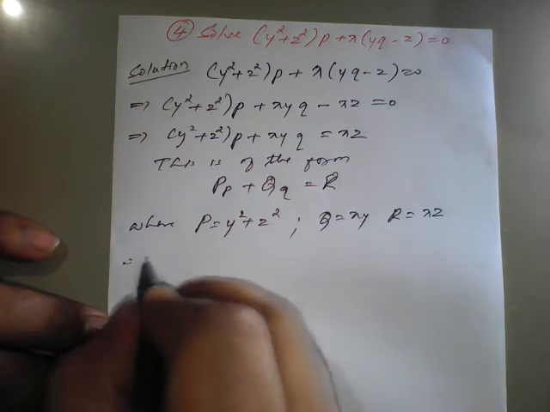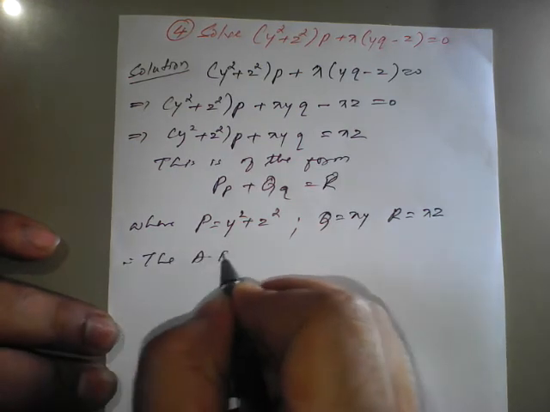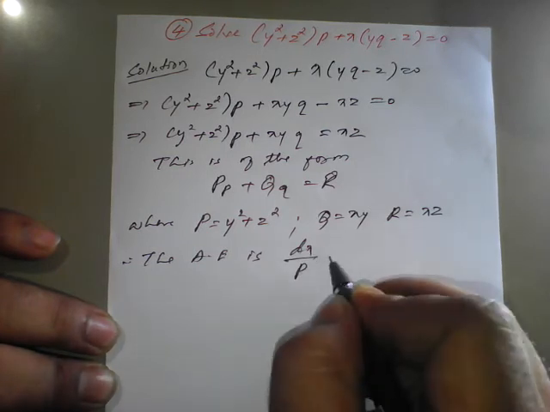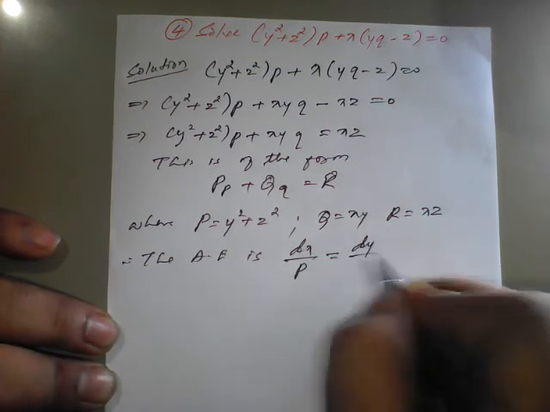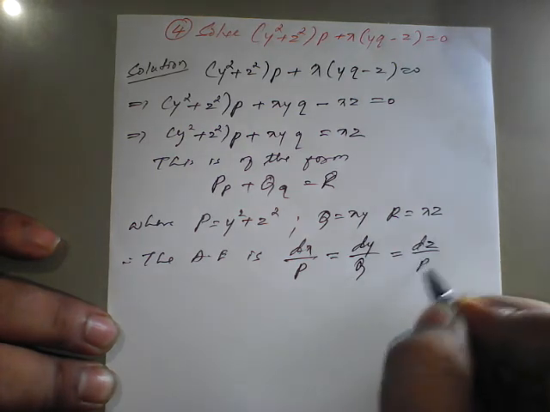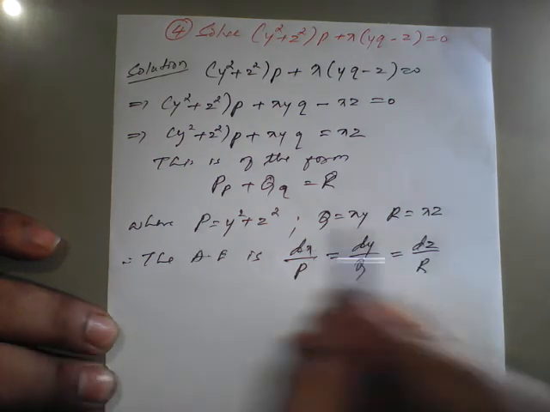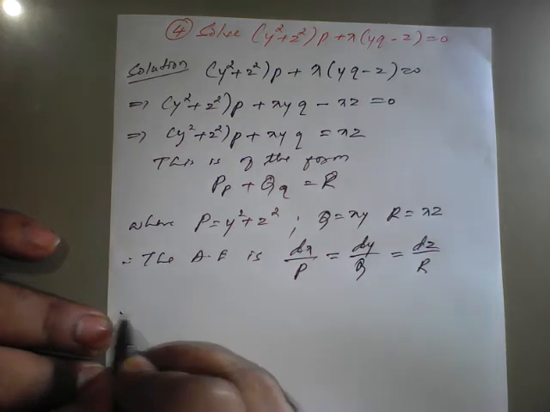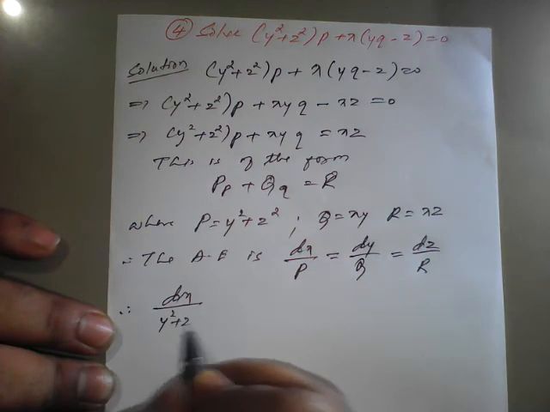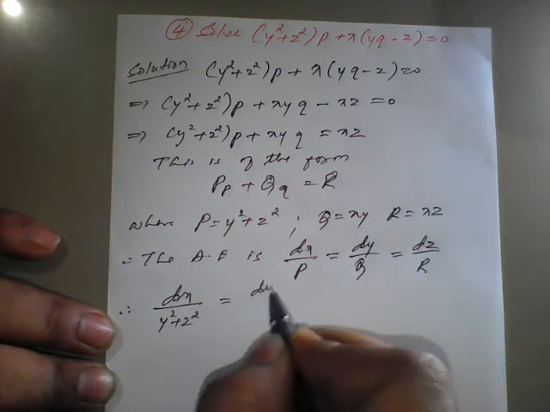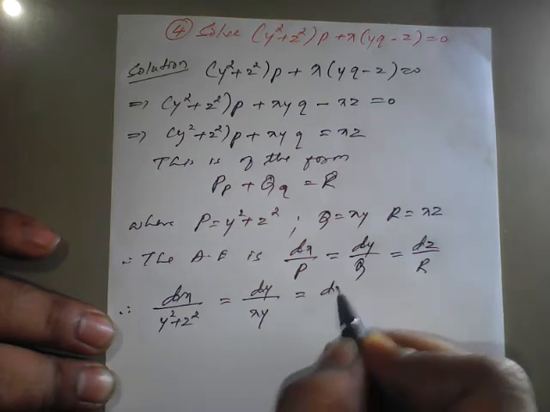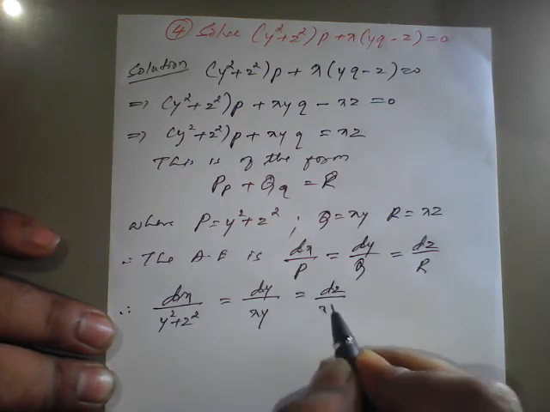Therefore the auxiliary equation is dx upon capital P equal to dy upon capital Q equal to dz upon capital R. We know P, Q, R, so apply here: dx upon y square plus z square, dy upon xy, and dz upon the value of R, that is xz.